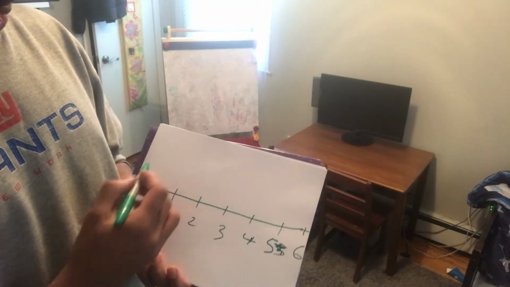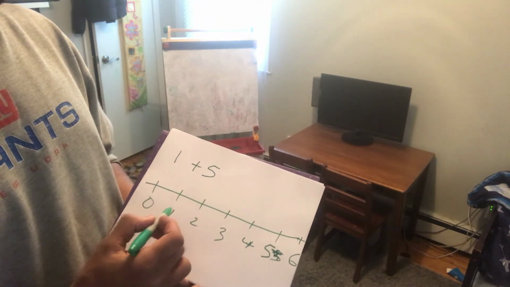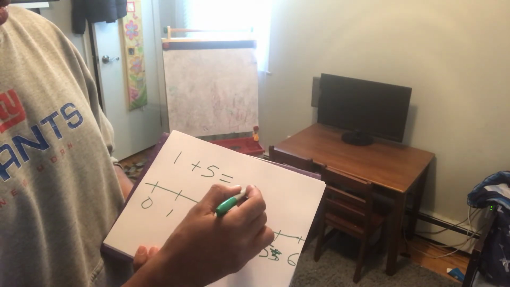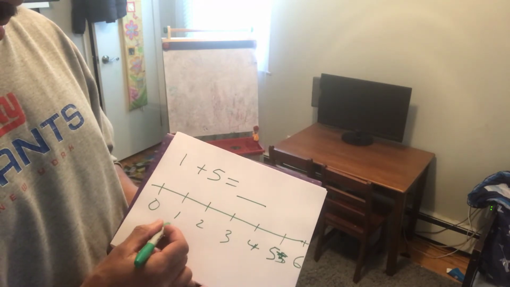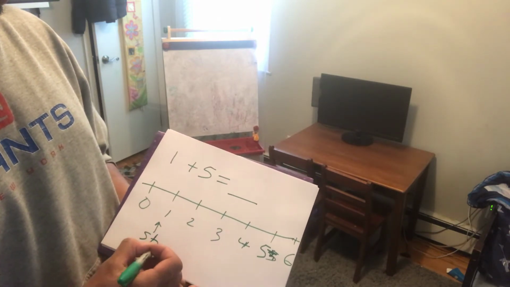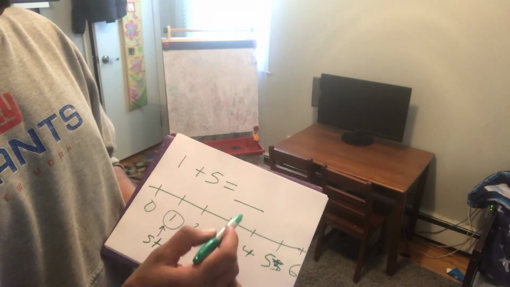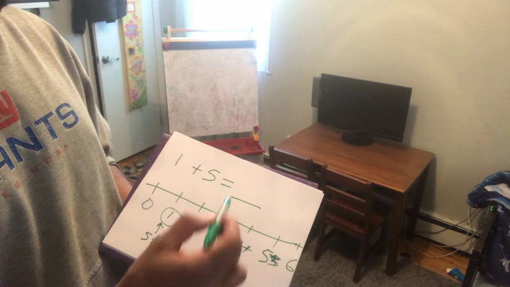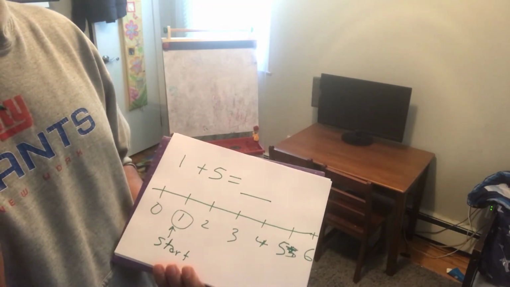Use the number line to do 1 plus 5. What does that give us? You're going to start at 1 and you're going to count 5 spaces over. Where would you end up? What is 1 plus 5?